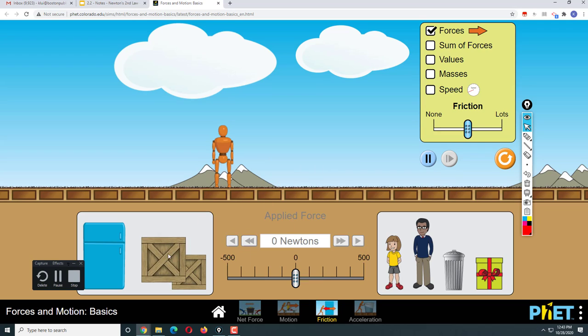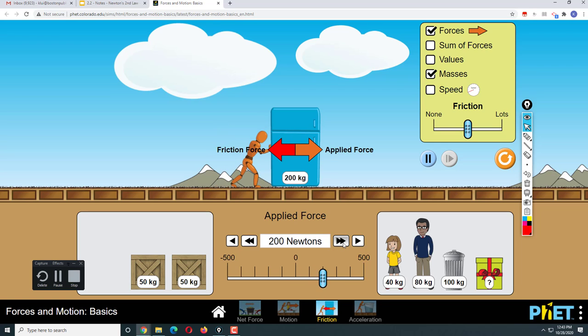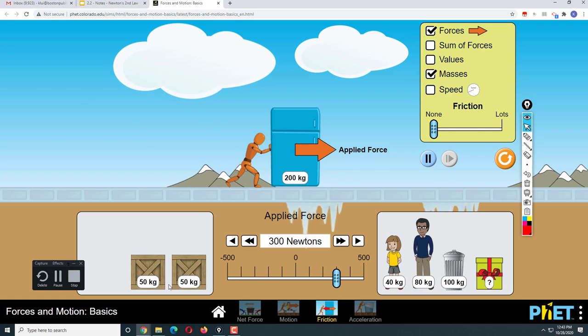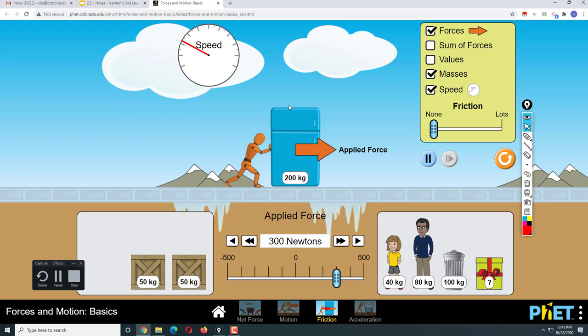Next, let's try the refrigerator. The refrigerator has more mass than the box, 300 newtons. It's speeding up, but not very quickly.